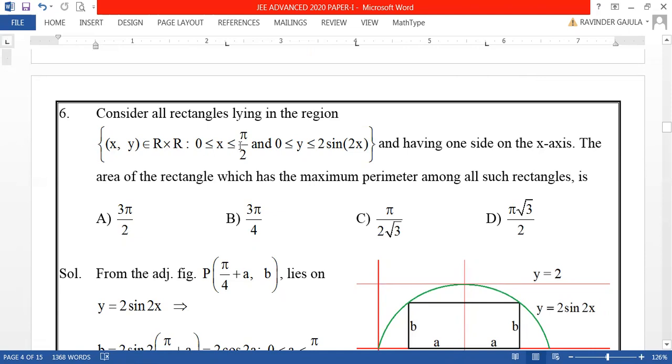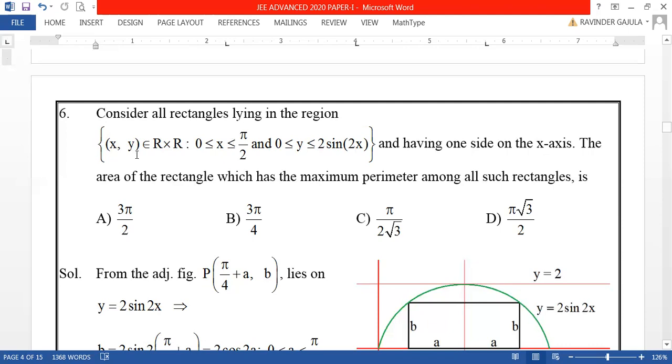0 less than or equal to x less than or equal to pi by 2. Now, the condition for y is 0 less than or equal to y less than or equal to 2 sine 2x. This is the condition for y, right? Having one side on the x-axis, the area of the rectangle which has the maximum perimeter among all such rectangles.